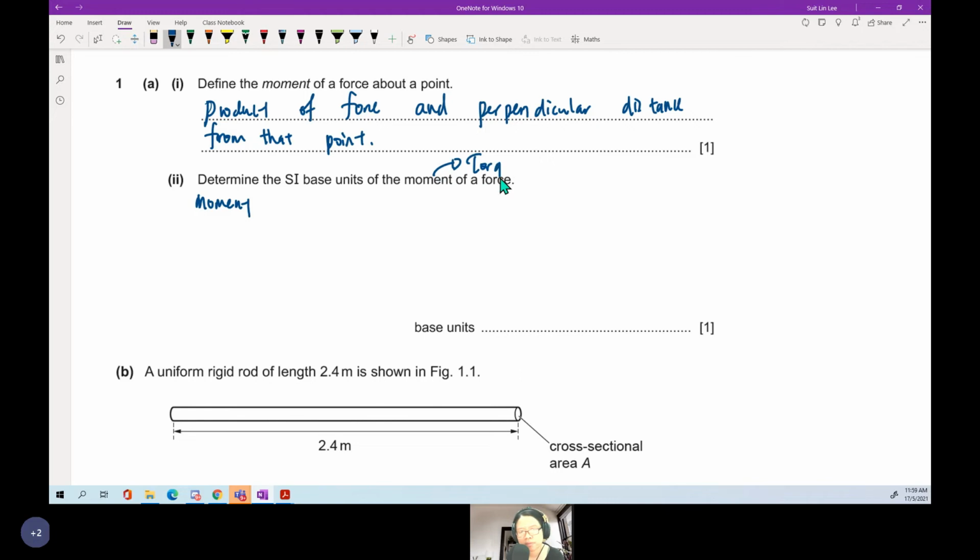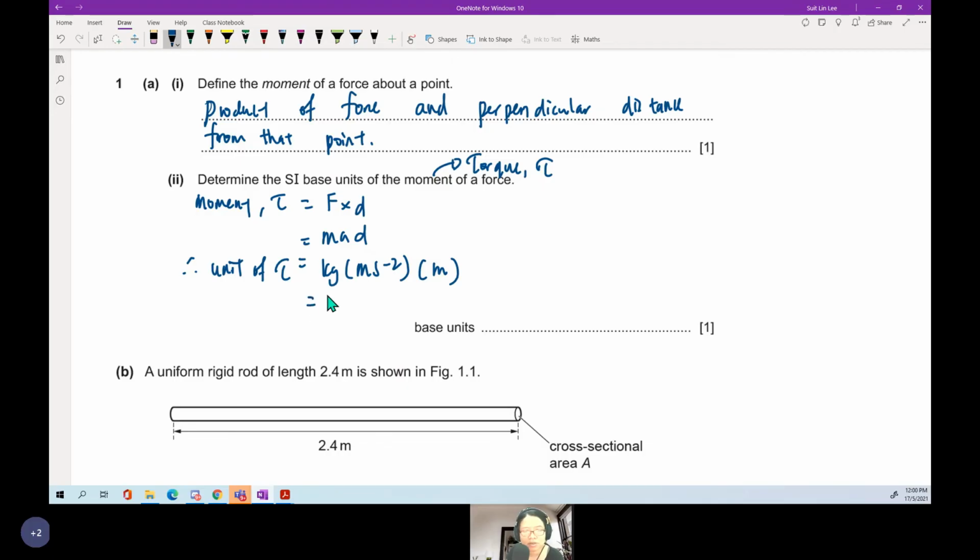I prefer to call it torque so I can use tau. Force times distance. If they want the SI base unit, this one is tricky. Basically, you just keep breaking apart the equation to the simple form, then you can substitute the units. So hence, the unit of tau will be kg m s^-2 for force, distance is m, so kg m^2 s^-2.